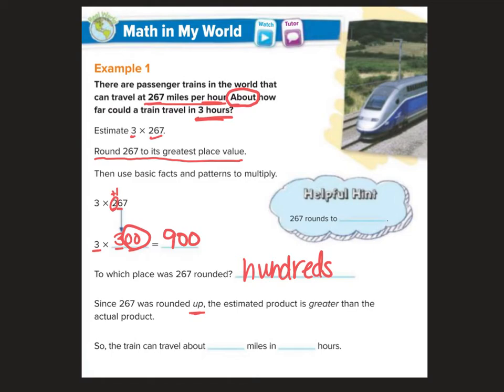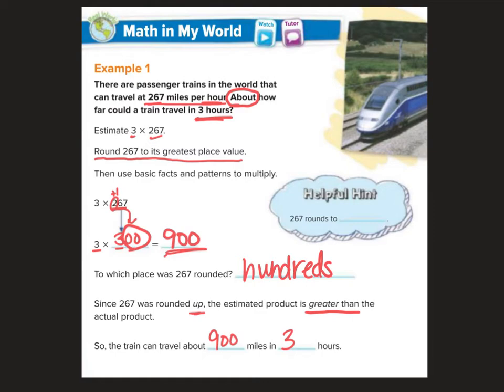Since we rounded up, the estimated product is greater than the actual product. So that means if I actually multiplied, my answer should be less than 900 because I went from 267 up to 300. So the train can travel about 900 miles in 3 hours. There we have it.